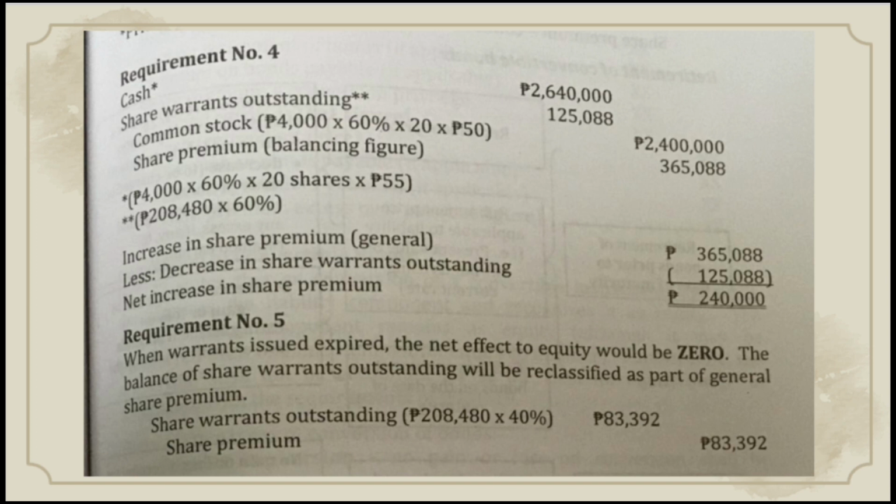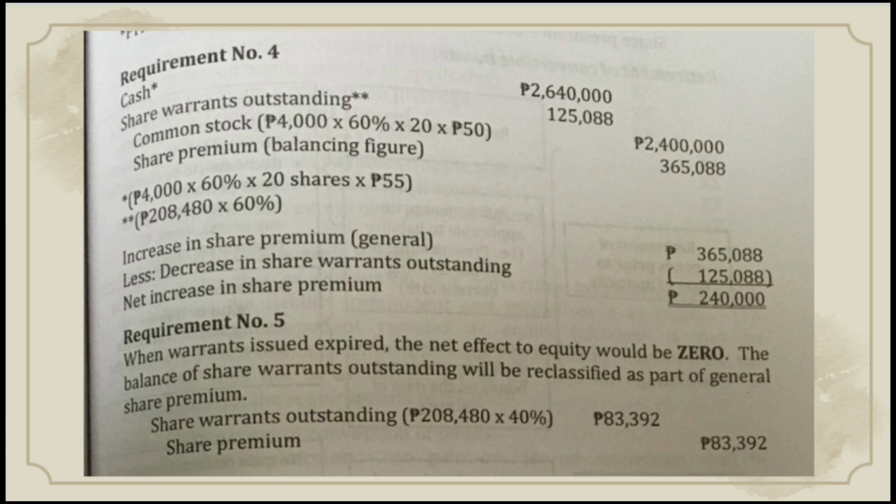And para makuha ang share premium, mogamit ta og balancing figure. It means ang cash and ang share warrants outstanding atong i-add. Tanang debit atong i-add, then minusan sa credit. So, cash plus share warrants outstanding nga 2,640,000 and 125,088 atong minusan sa common stock nga 2,400,000.